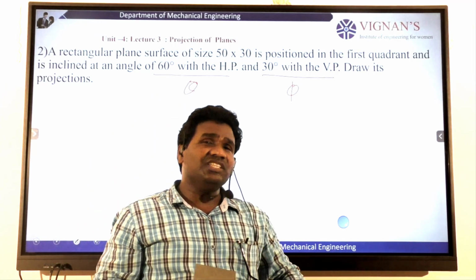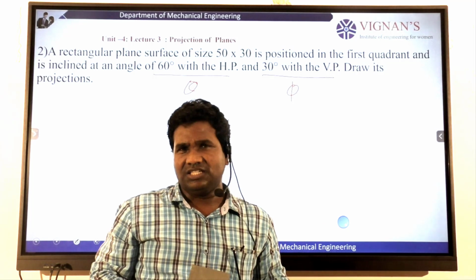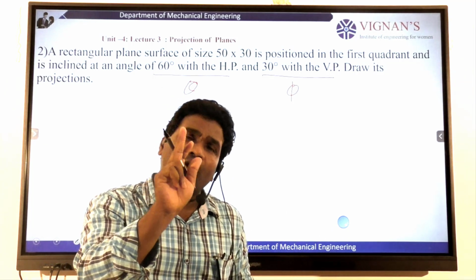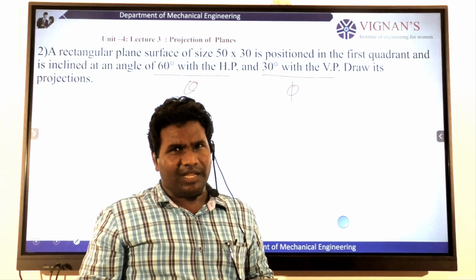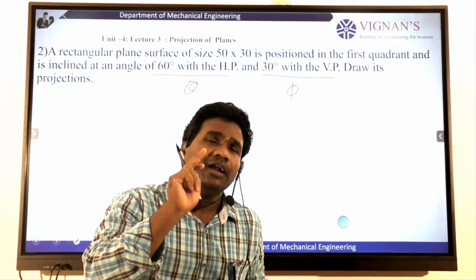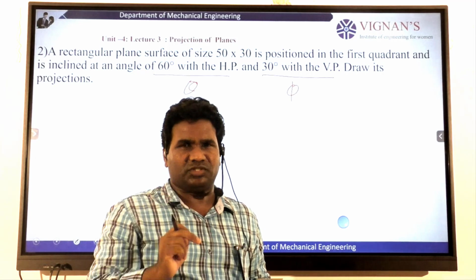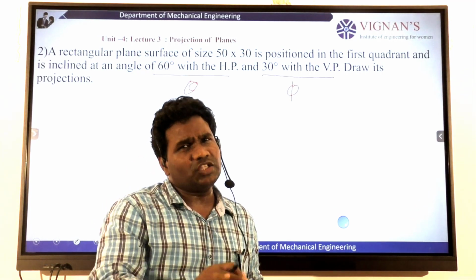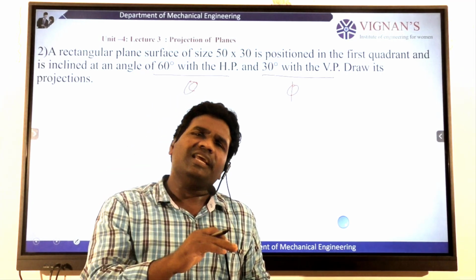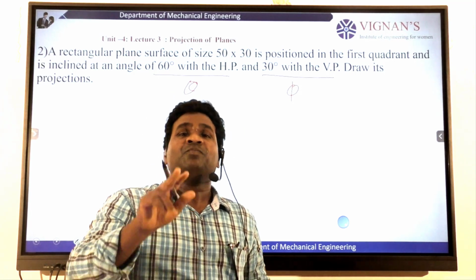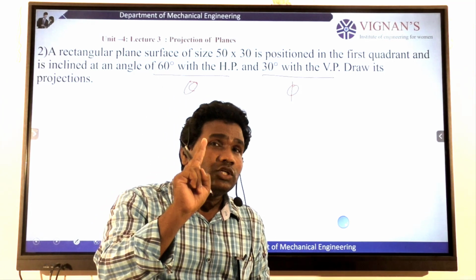What we exercised in yesterday's last class, when a plane is inclined to one plane and perpendicular to the other, is solved in 2 steps: either inclined to HP and perpendicular to VP, or inclined to VP and perpendicular to HP.